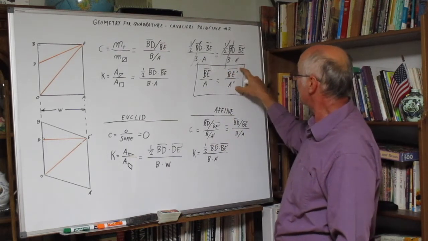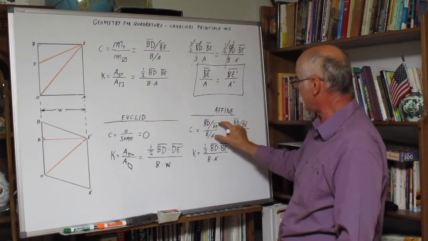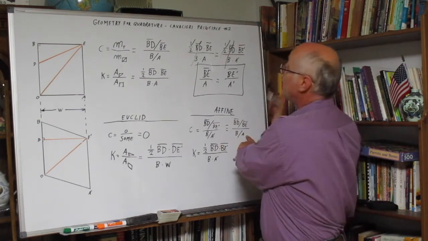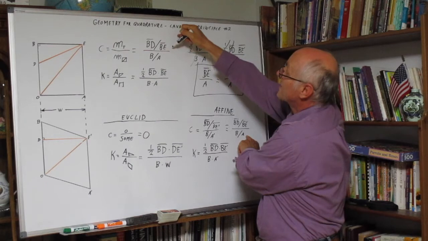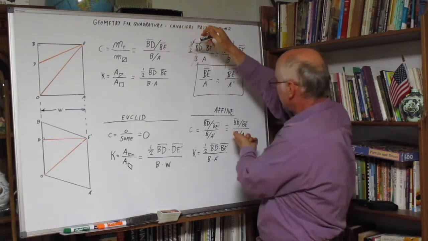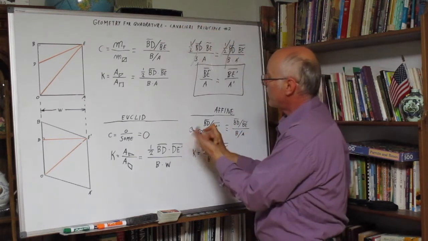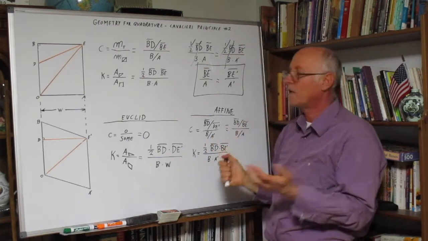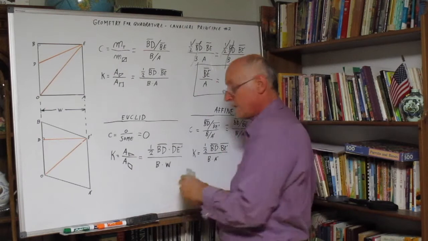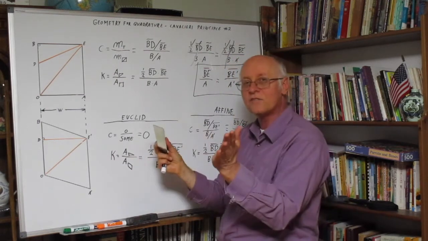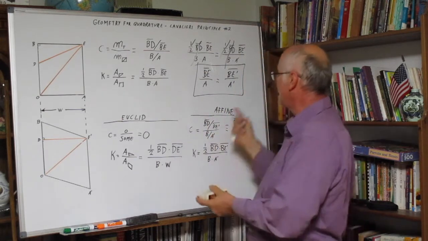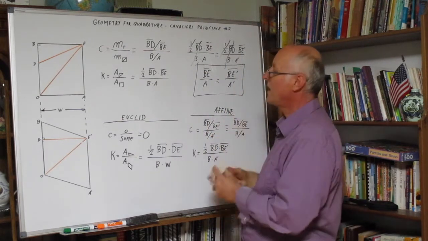That's this one. You can replace this with this. But now look, you end up with the same thing as over here. So what is that telling us? The ratio of slopes is unchanged under a shift condition. Unchanged. I'm going to blow a circuit breaker, but yes, it's in affine geometry.